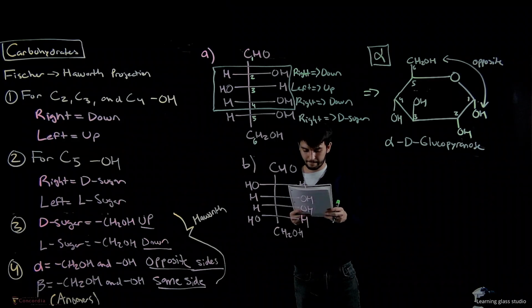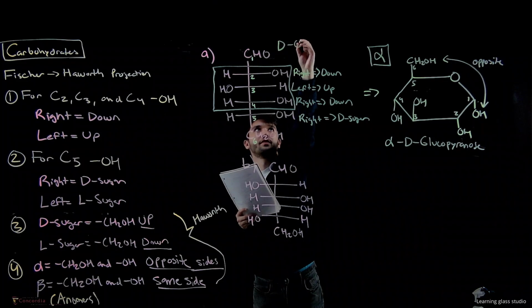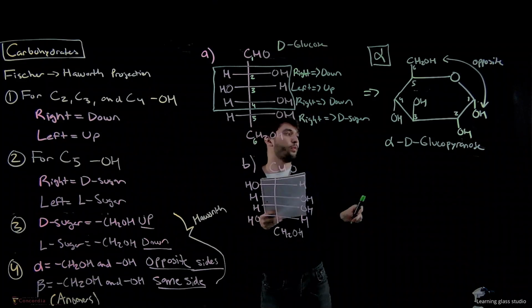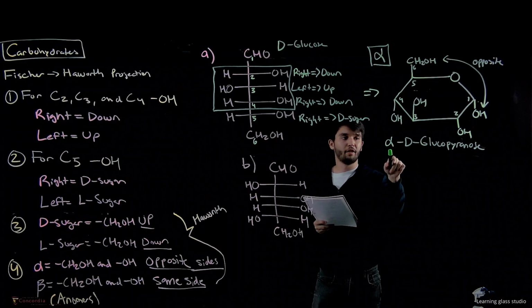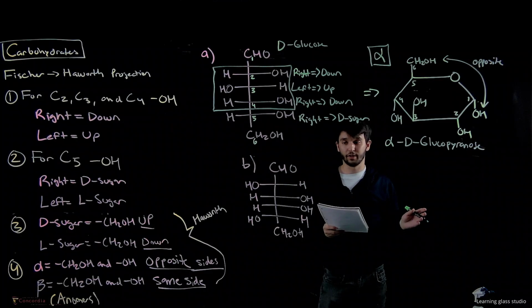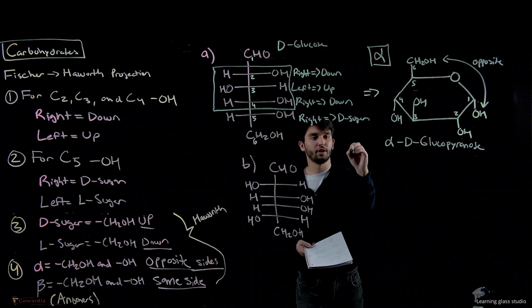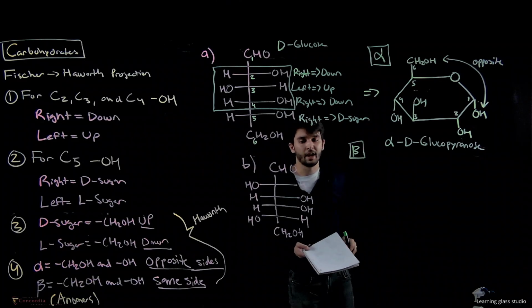So this sugar here is D-glucose in this configuration. But when we add in these extra details with the alpha, this is the name of the Haworth projection. For this next one, we're going to be shooting for the beta anomer.